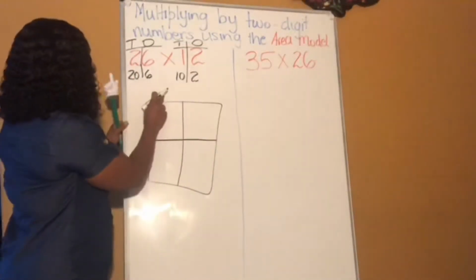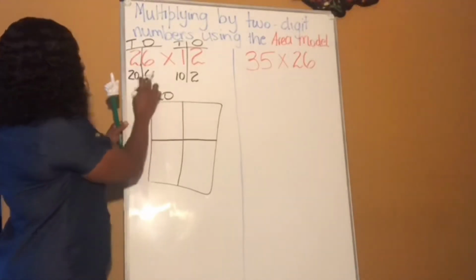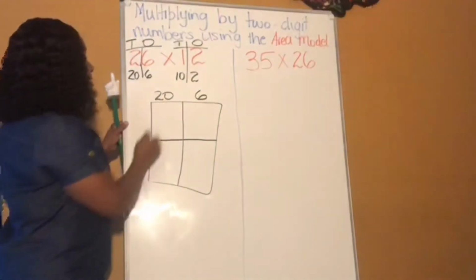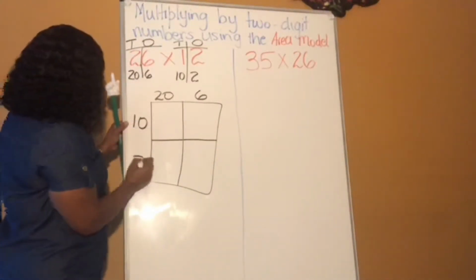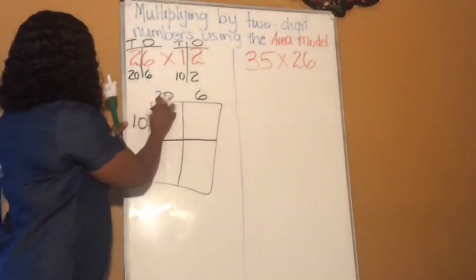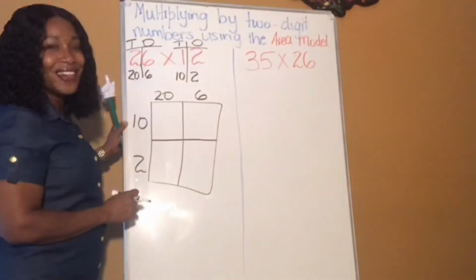So here we're putting our 20. Here we're putting our 6. Then same thing with 10 and 2. 10 goes there, 2 goes there. So 26, 12. All right?